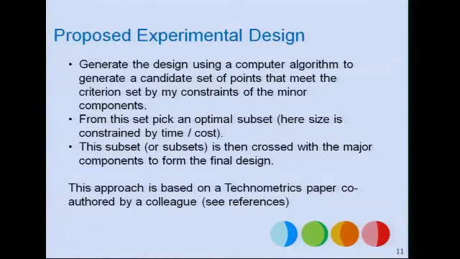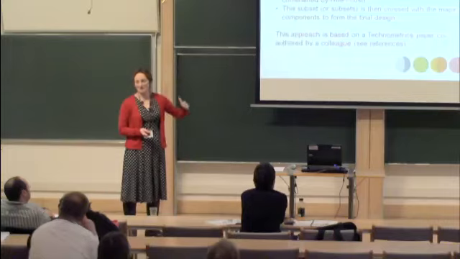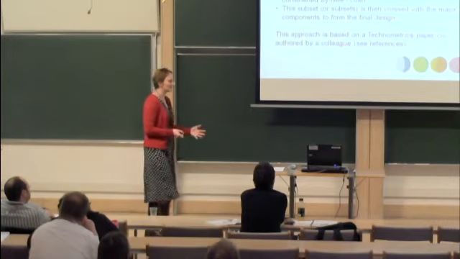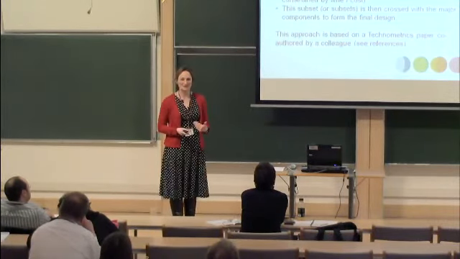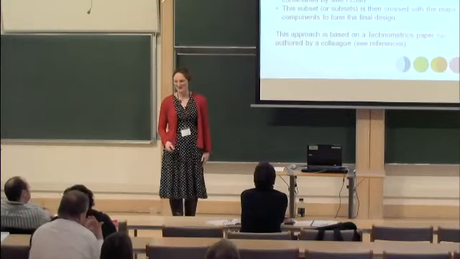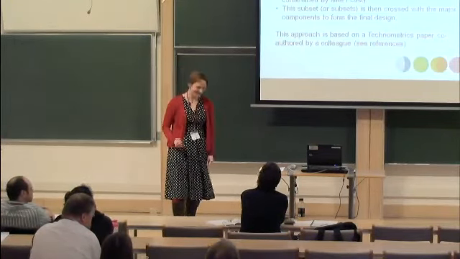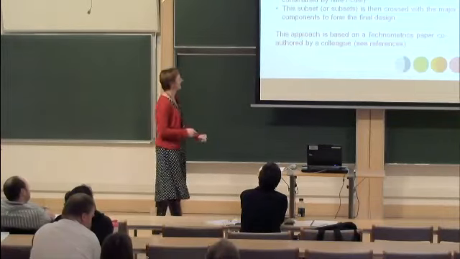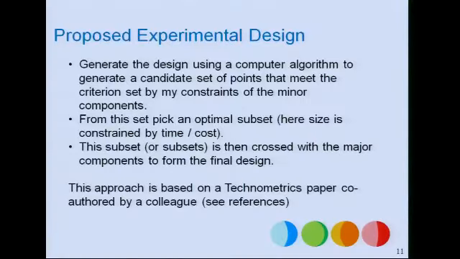So then picking an optimal subset of that, and then crossing that with the major components to give me the final design. So that was the step by step. I complain all the time that people want recipes for doing things when I'm working with the chemists and the engineers, and I found myself in exactly the same situation here, going, okay, what exactly do I need to do? So this was really the process that I needed to go through.